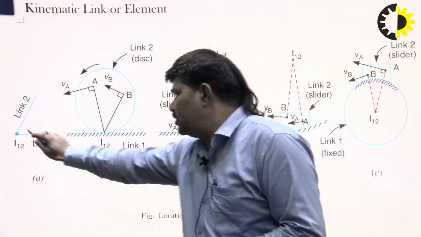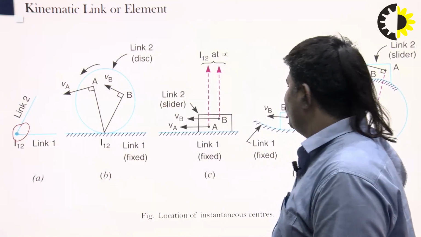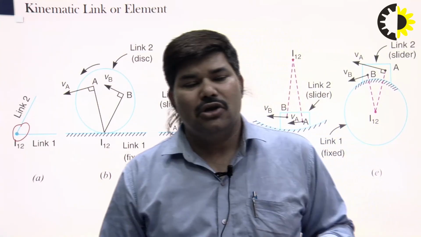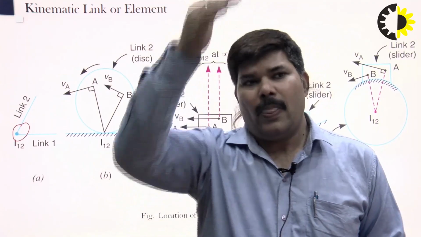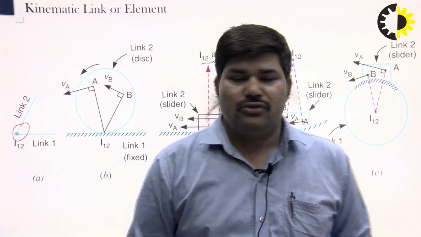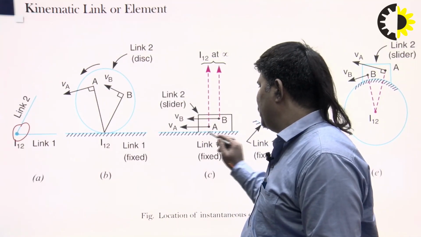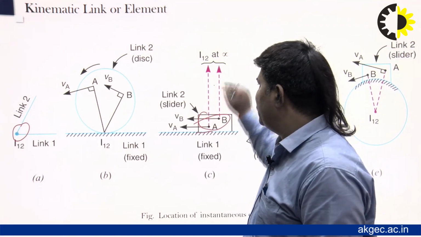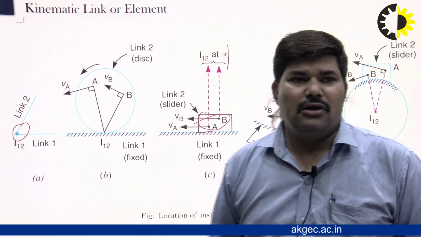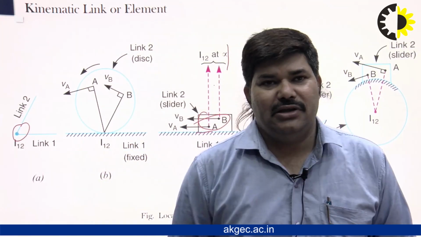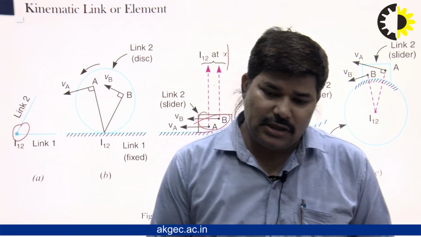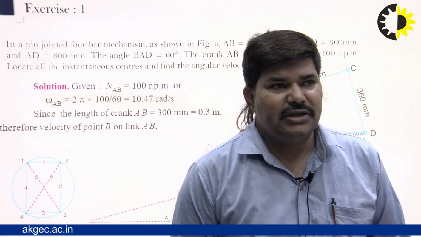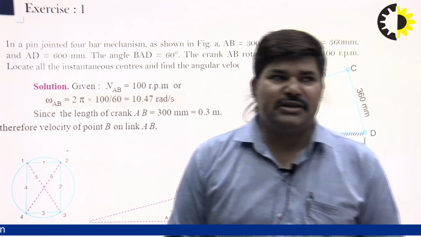If one body is fixed and the second body is sliding on it, the instantaneous center lies at an infinite position. So the slider slides on this fixed link, and the instantaneous center lies at infinity. There are 5 cases I have discussed in the earlier lectures. So I will come directly to how to find the instantaneous centers, with one exercise.